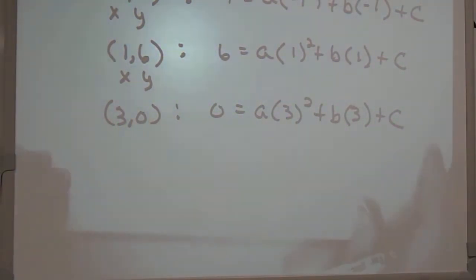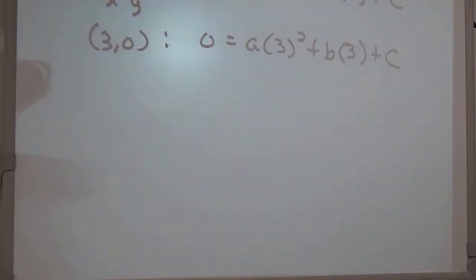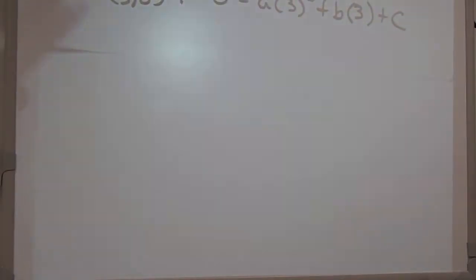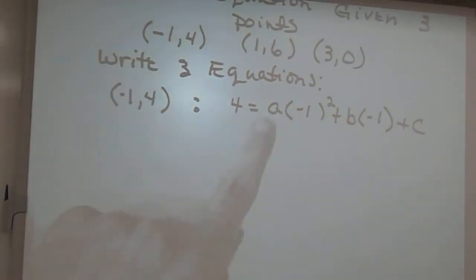Let's clean those three equations up a little bit. And I'm going to write them in order, starting with A. So equation number 1. I'm going to start here first. If I square the negative, what happens, Mauricio?